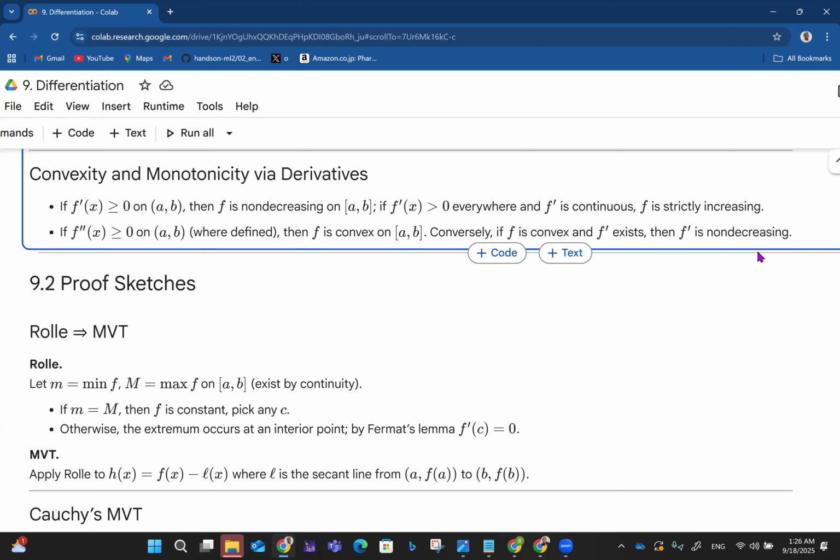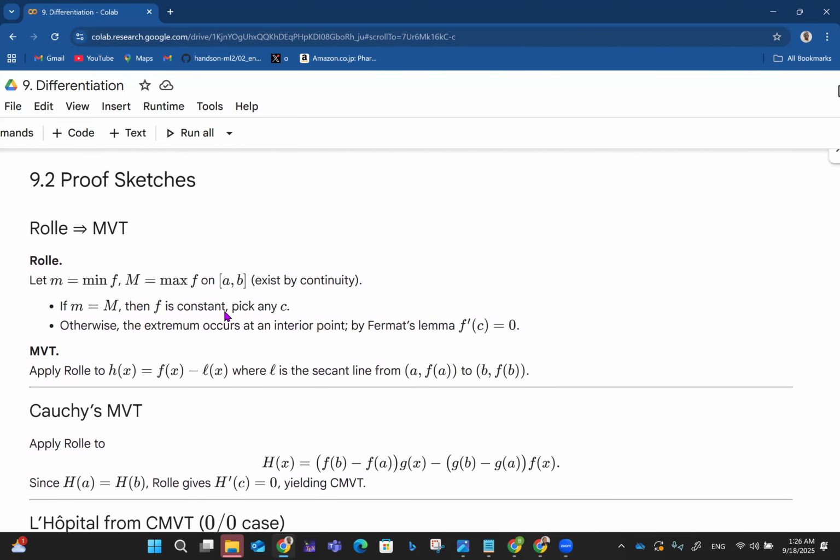If you substitute the derived values of x into the second derivative, it tells you if the point you are dealing with is a maximum point, a minimum point, or a point of inflection, right? If you get a point of inflection, you equate f''(x) to zero. Then we have proof sketches like this.